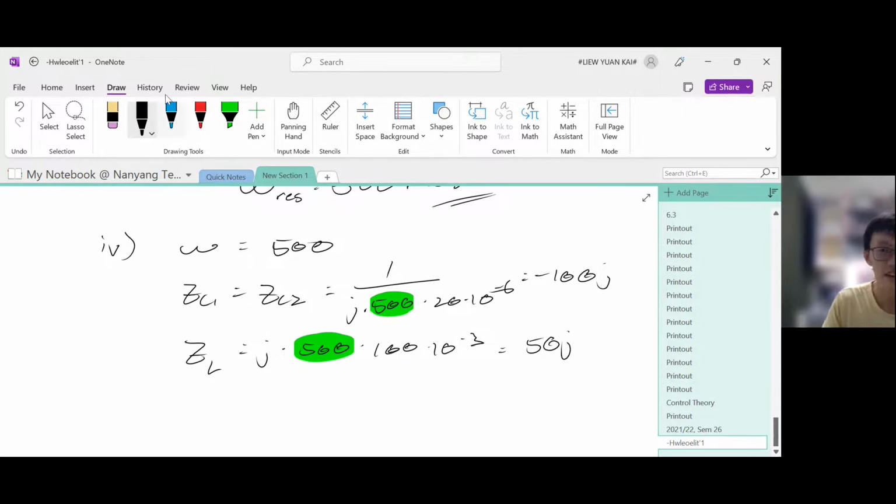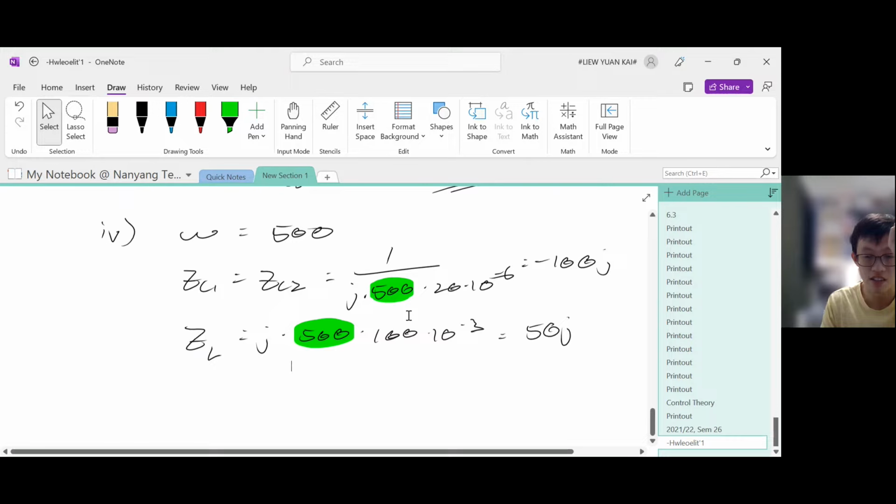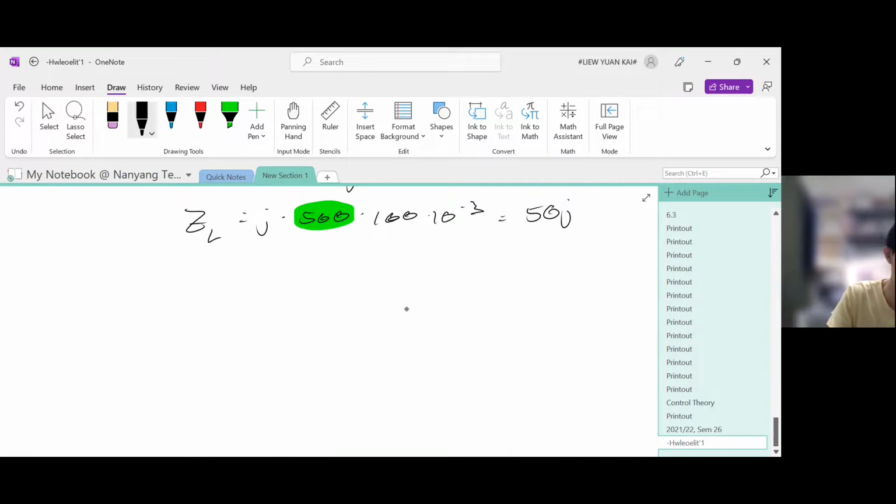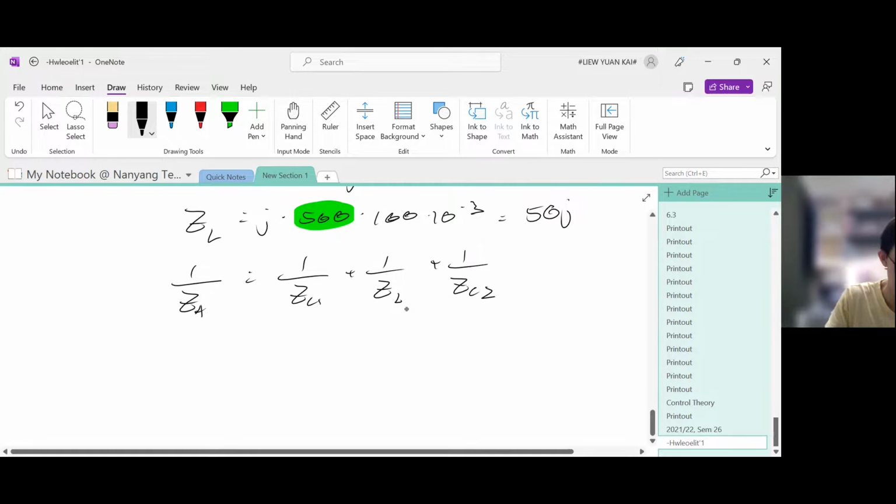Then you find the impedance of the parallel, the capacitor C1, L, and C2, right? So this is in parallel. So 1 over ZA equals 1 over ZC1 plus 1 over ZL plus 1 over ZC2. You substitute in the values, you should get 1 over negative 100j plus 1 over 50j.